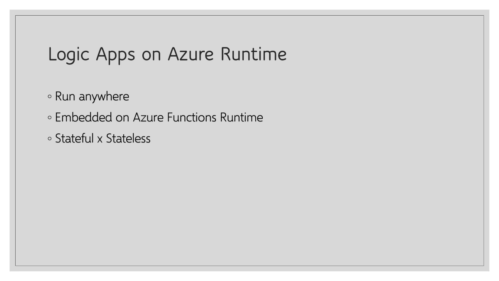If you have to make sure that you have the instrumentation on every single one of the actions in a Logic App, that has a performance impact. So one of the things that the team did was let you choose whether the information from every one of the steps is important for you. You can run what they call a stateful Logic App. If that is not as important as performance, you can run a stateless Logic App. And when you create a Logic App, you can define if it's stateful or stateless.